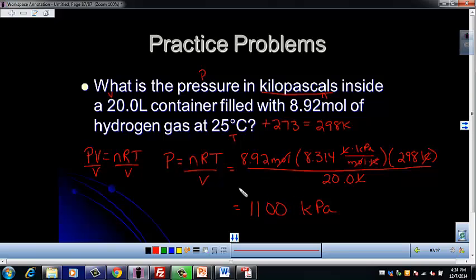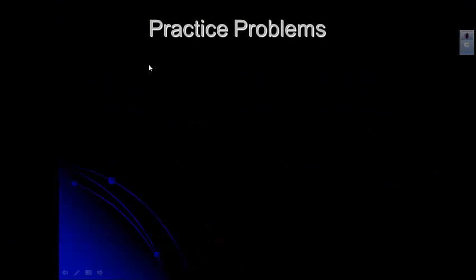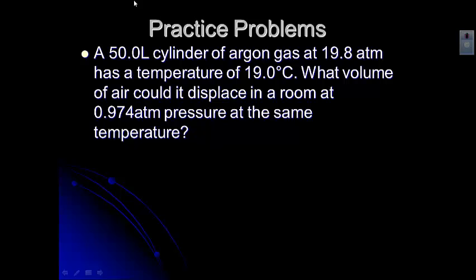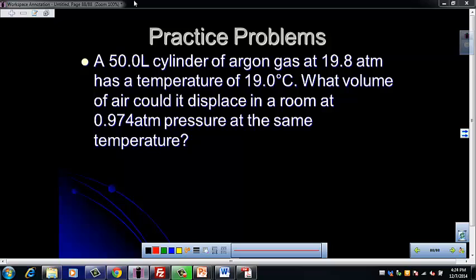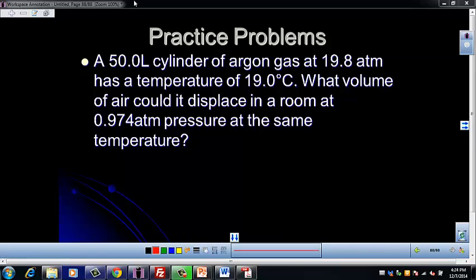Let's try another one. So read through the problem, go ahead and identify all of your variables, and then we'll figure out what equation we're going to use. Remember, we need to figure out if there is one set of conditions or if there are 2. So looking at this, I see a volume.